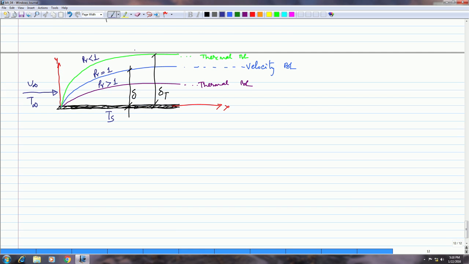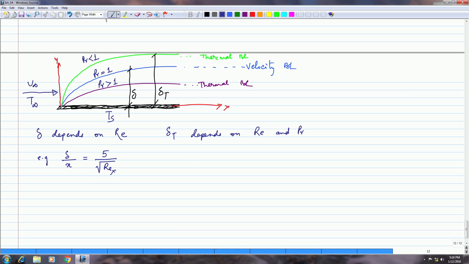To remind ourselves, the velocity boundary layer depends on the Reynolds number, and the thermal boundary layer depends on both the Reynolds number and the Prandtl number. We've done this quite a lot earlier.